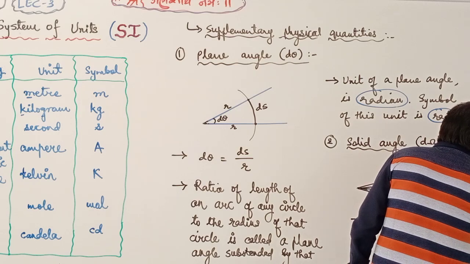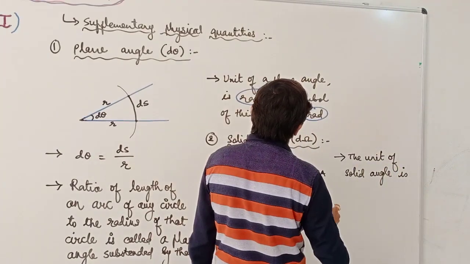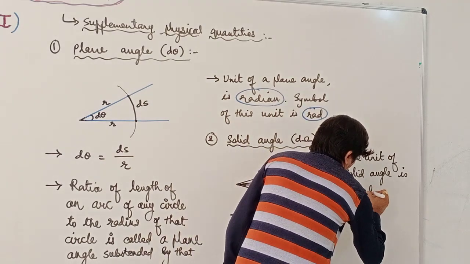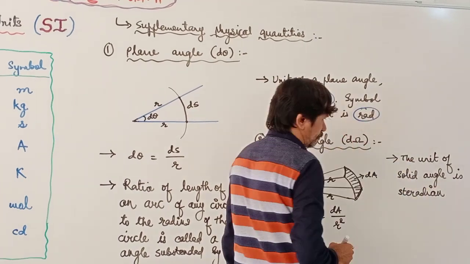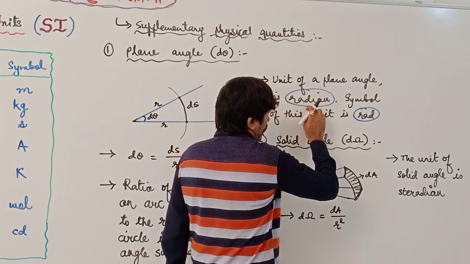The unit of solid angle is steradian. Unit of plane angle is radian.